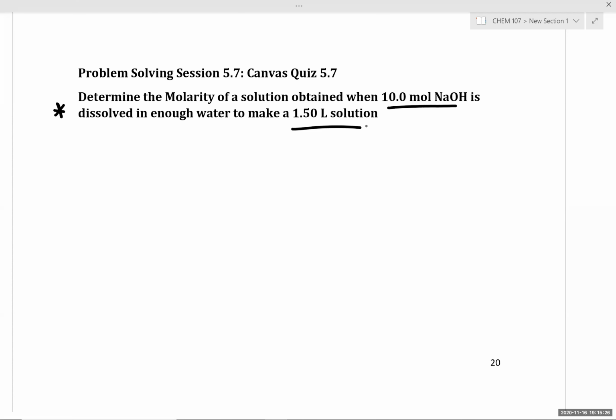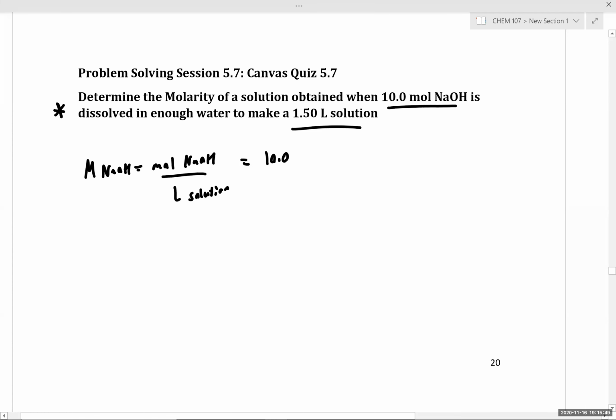Okay, so let's discuss this example. In this case, we know that the molarity of sodium hydroxide is equal to the moles of sodium hydroxide over the liters of solution.